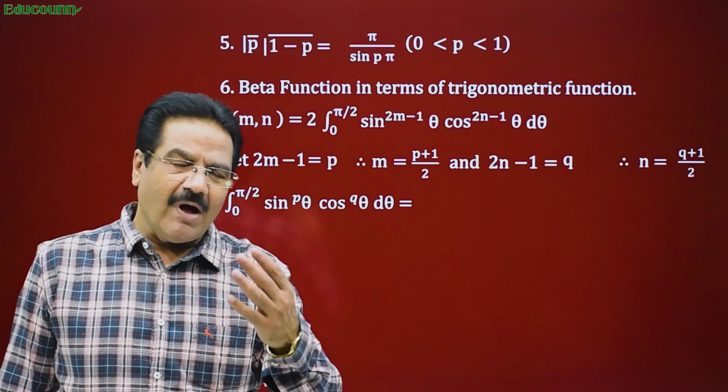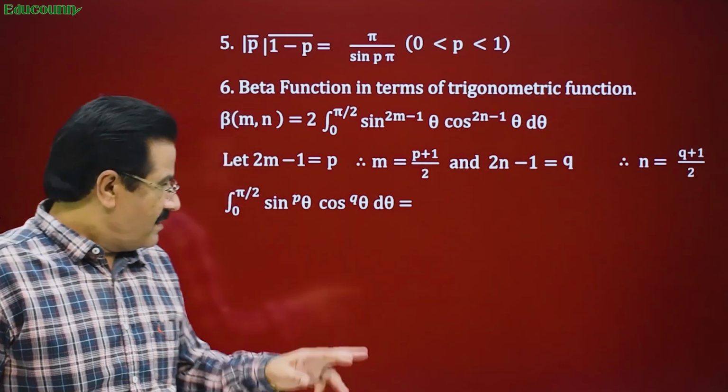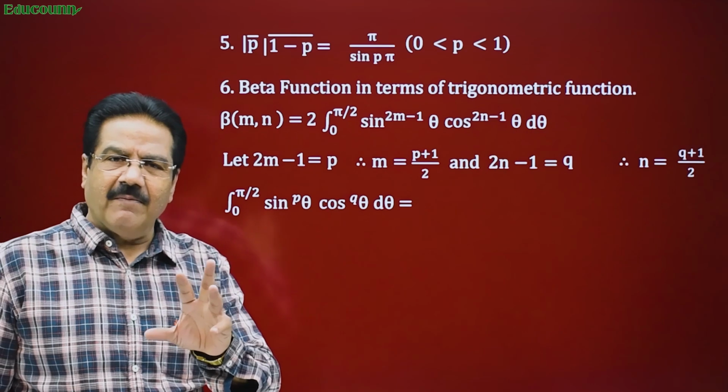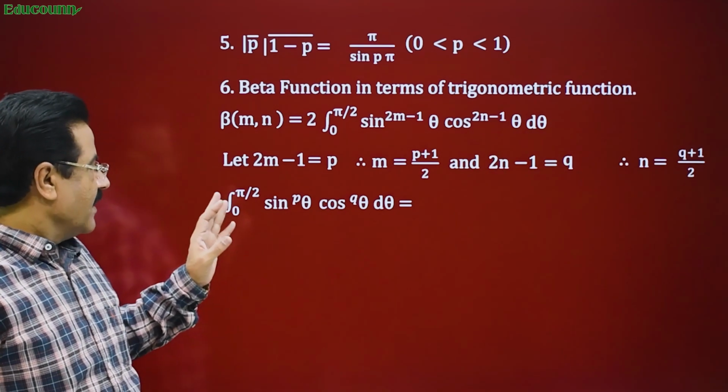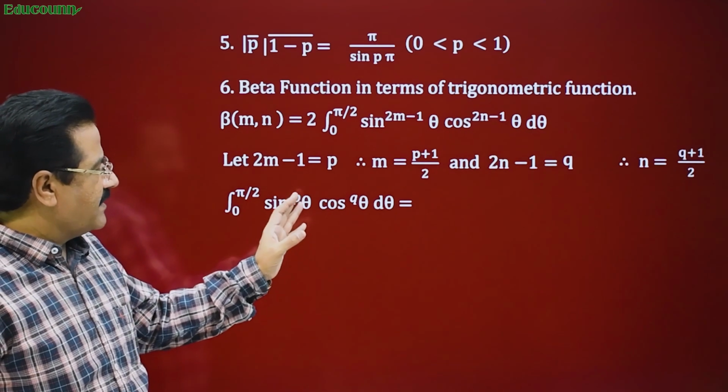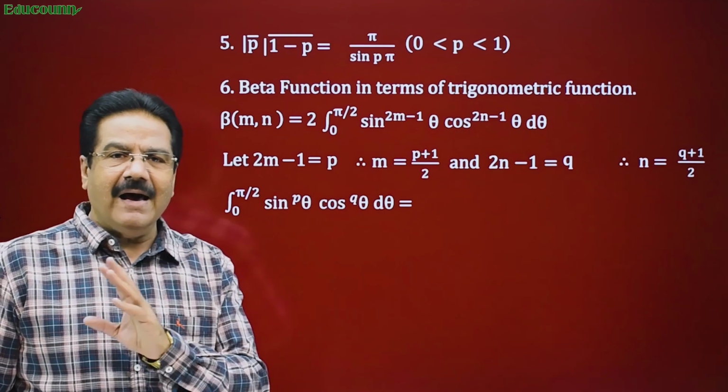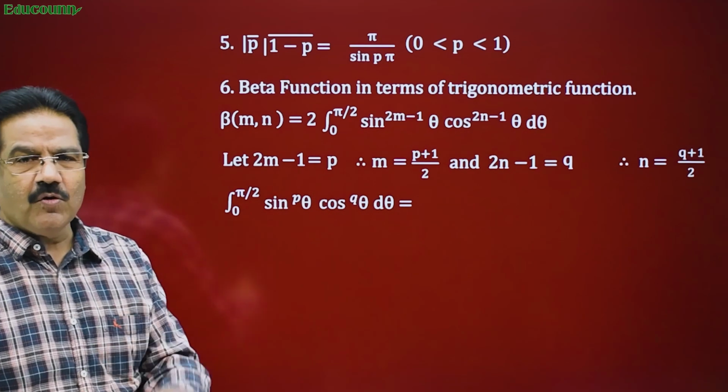So whenever we solve an example, we need this particular form of this formula, and that's why here sin raised to p theta and cos raised to q theta are written within the limits 0 to pi by 2.